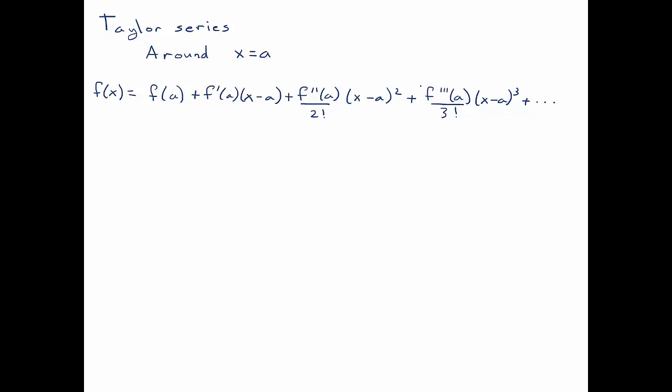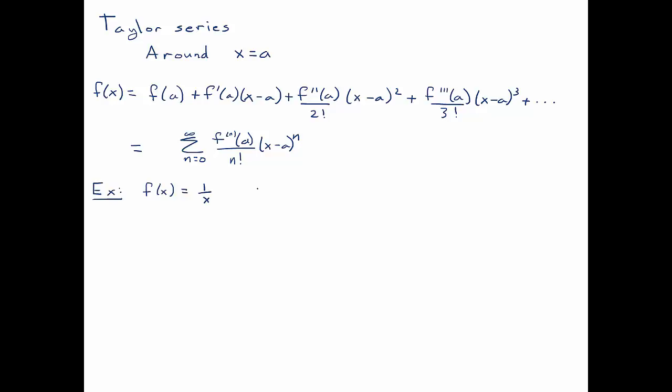So you can see how x equals 0 is just a special case. And we can also write this in series notation if you prefer. And if it's been a while since you've seen this, I would recommend reviewing this notation.